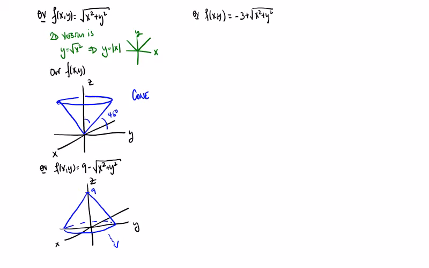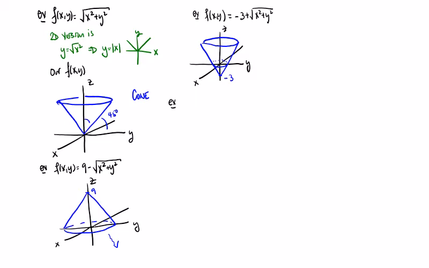This one is shifted down because of the -3, but opens up because of the plus square root. So this one looks something like that. And I'll keep this going beyond the xy plane, just so we have a more complete picture. It cuts through the xy plane in a circle. This is down at -3. And this goes up and up and up forever as well.